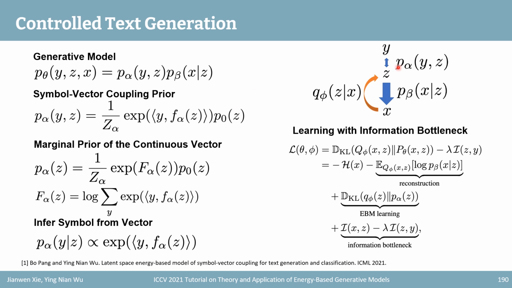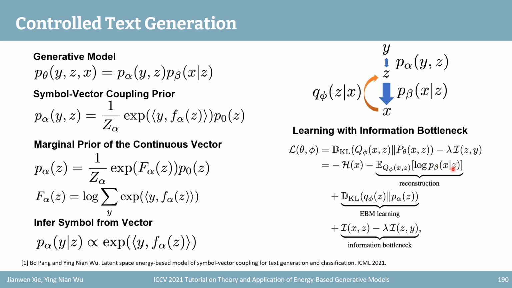So we have all those elements, and we can learn the model in an unsupervised way or in a semi-supervised setting. More importantly, this is the likelihood, the ELBO, the evidence lower bound in the VAE framework.